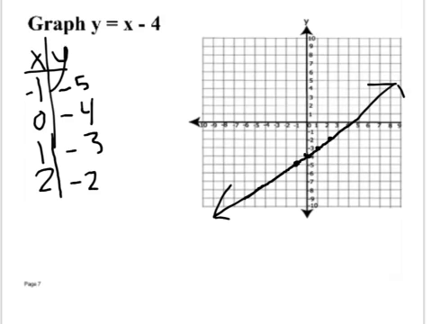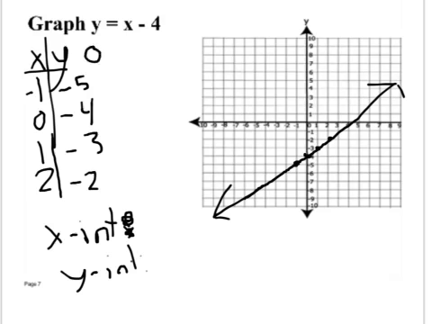Here's the other way. I can find my x-intercept, and I can find my y-intercept. For my x-intercept, I plug in 0 for y. So I got 0 equals x minus 4. So what does x have to be to make this true? 0 equals x minus 4.